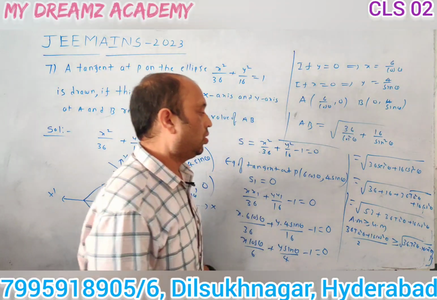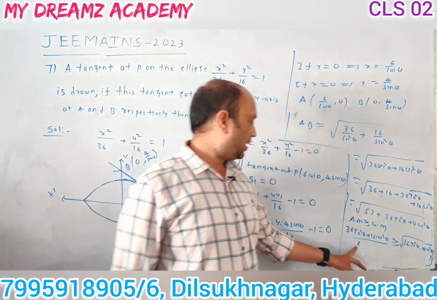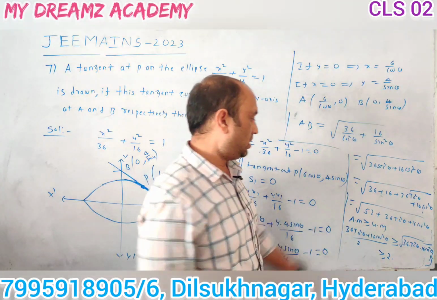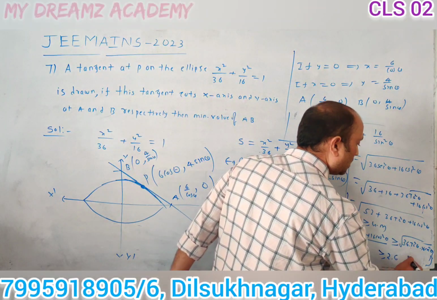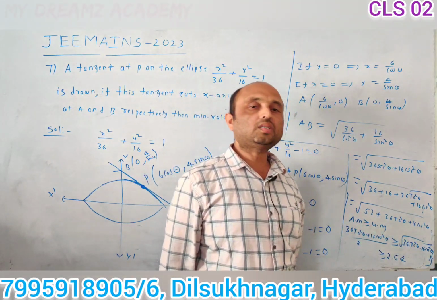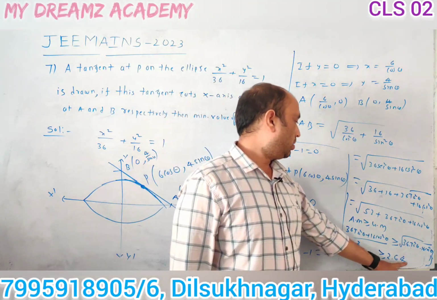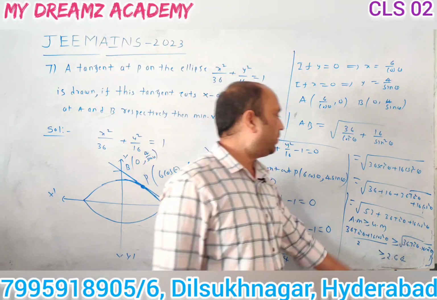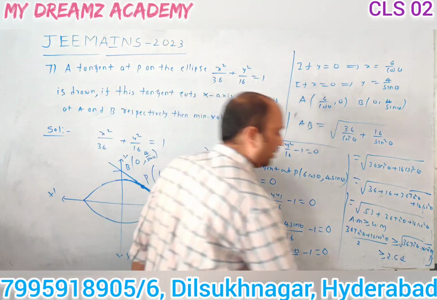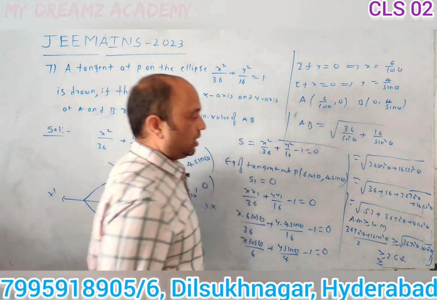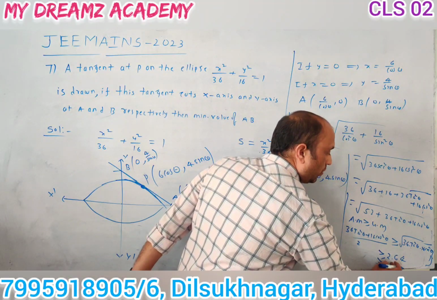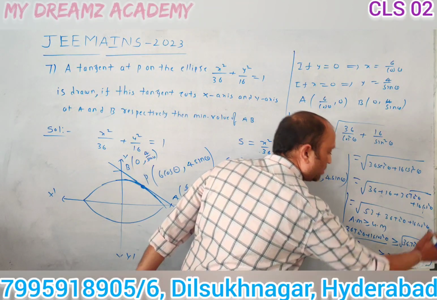Sending 2 to the other side, 2 into root 36, which is 6, into root 16, which is 4, with tan square theta into cot square theta being 1, gives 2 into 24, which is 48.